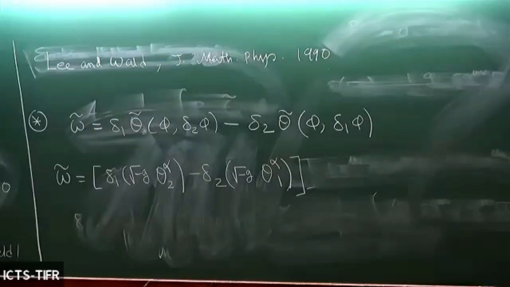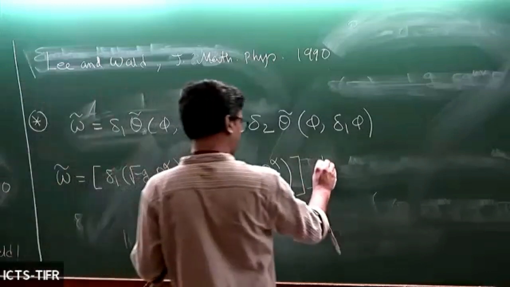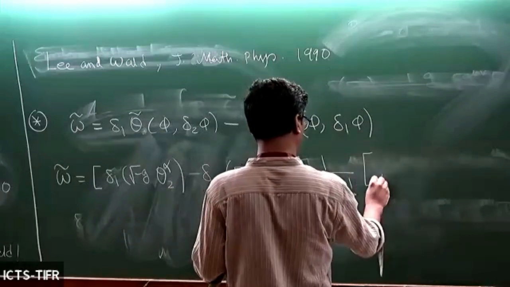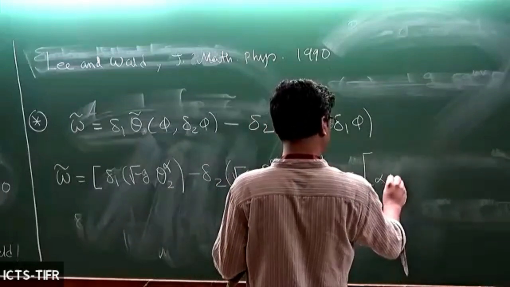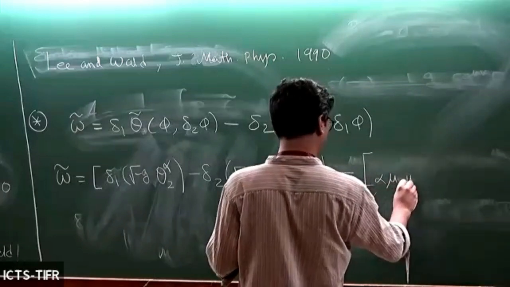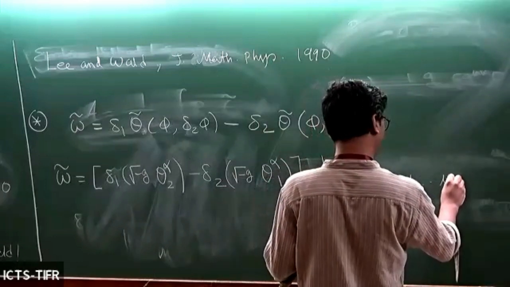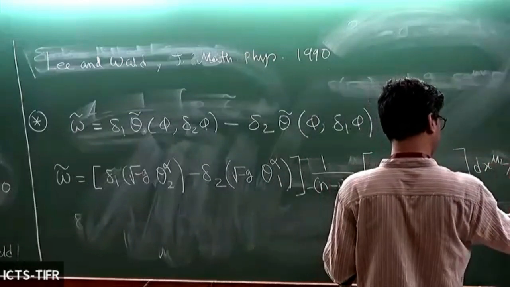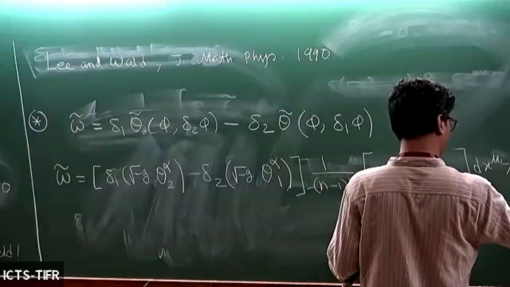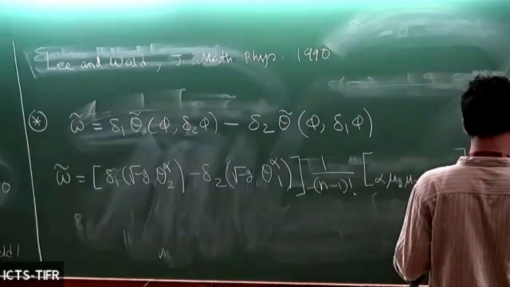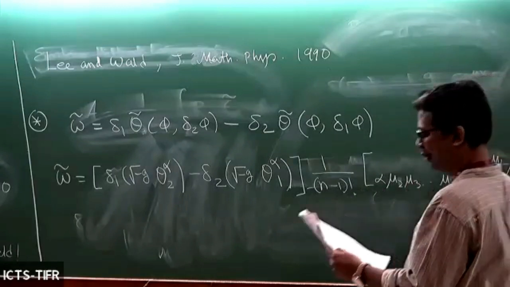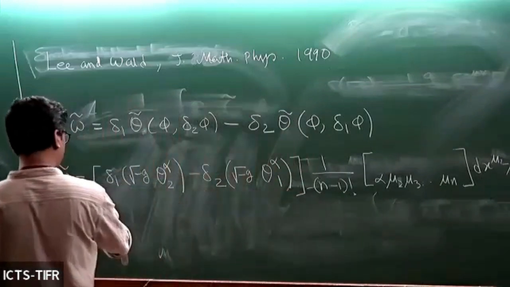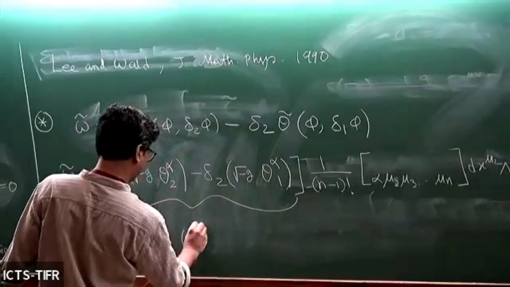And I will write 1 by (n minus 1) factorial, alpha mu 2, mu 3 dot dot dot mu n, dx mu 2 wedge dx mu 3 dot dot dot wedge dx mu n. And I call this object, with obvious notation, omega alpha.